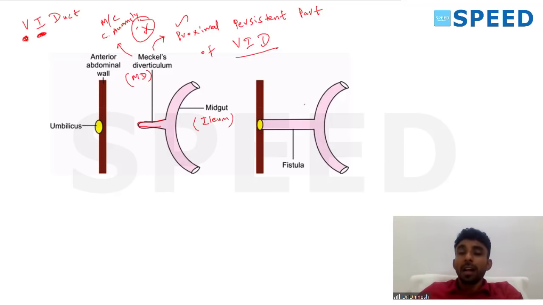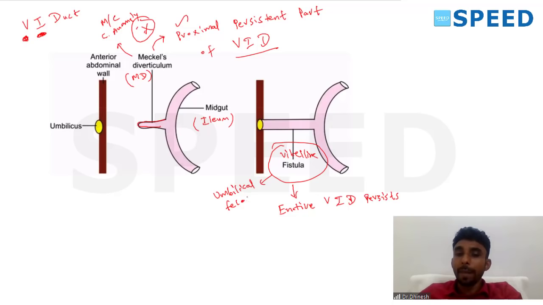Okay, ileum. Fine. And what is this second image showing? Yes, if the entire vitellointestinal duct is persisting, what will it be called? It is called vitelline fistula, otherwise called umbilical fecal fistula, because the feces will be coming out through the umbilicus because of the communication between the ileum and umbilicus.